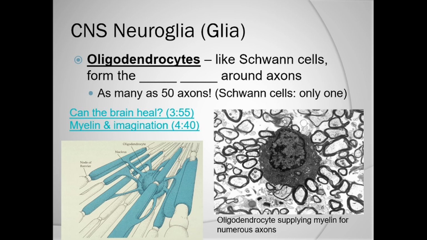There have been discoveries not all that long ago that the amount of myelin that's formed from these oligodendrocytes in the CNS seems to be related to the ability for imagination and brainstorming and coming up with novel ideas and unique ideas.